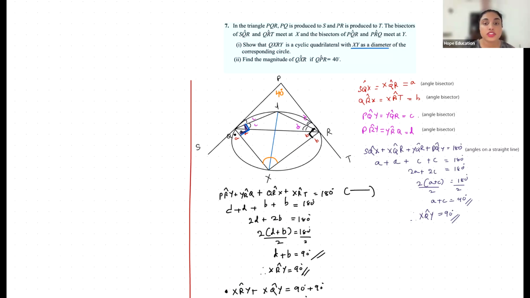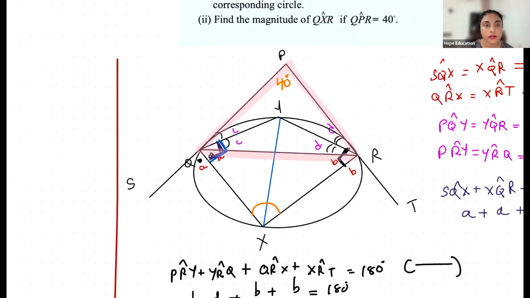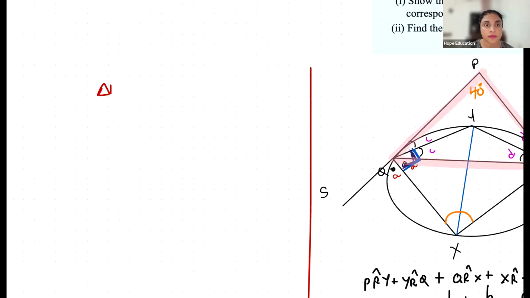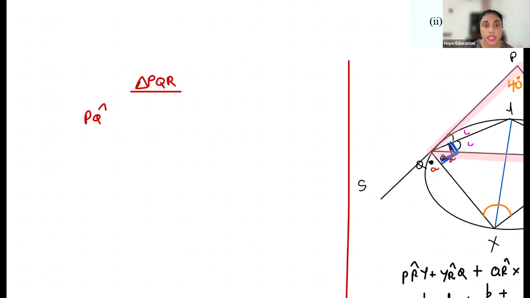Okay. So look, if you consider the triangle PQR, angle PQR plus QPR plus PRQ equals 180 degrees.